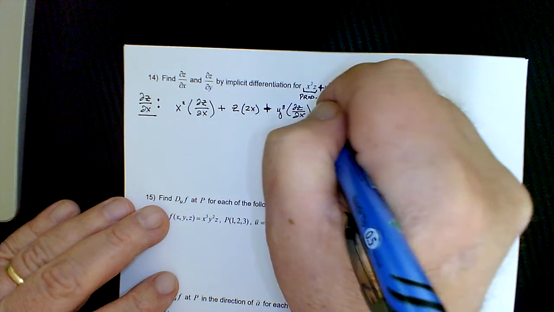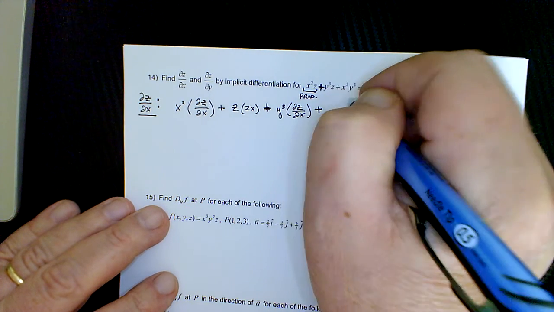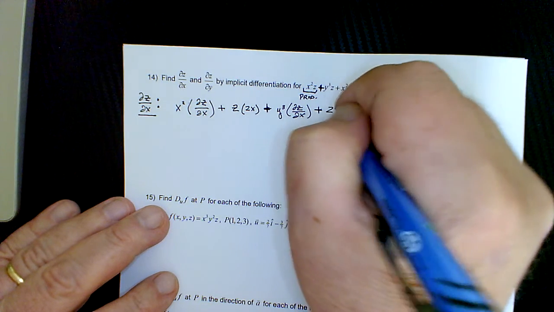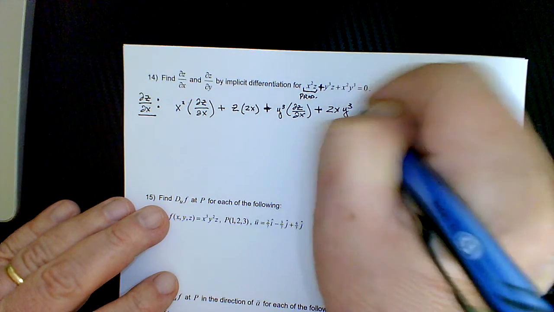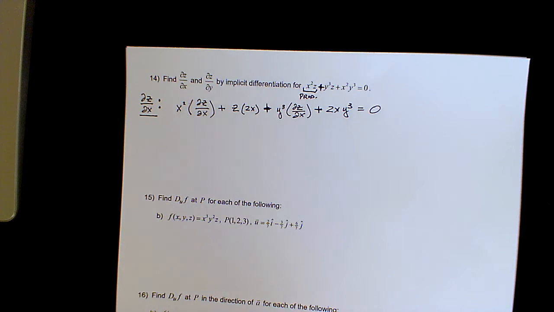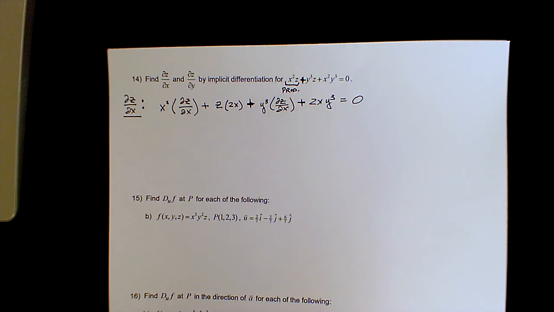Okay, and then we have the final term. And the derivative of x squared is 2x, y cubed is a constant, so just 2x, y cubed equaling 0. Okay, so I'm sure you're going to see the concept of the product rule come into play.